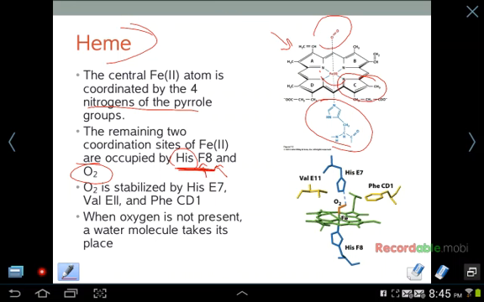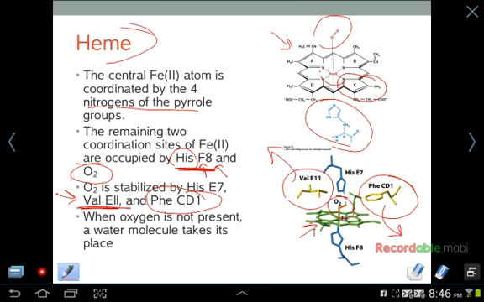The oxygen and the porphyrin are further stabilized by valine 11 on helix E and phenylalanine on the CD helix bend. Okay, so these are hydrophobic groups that actually help stabilize the heme structure and also sort of trap the oxygen. Now, when the myoglobin is breathing and oxygen is coming off and into the heme, these will actually swing out to facilitate the oxygen moving in and out of the molecule.